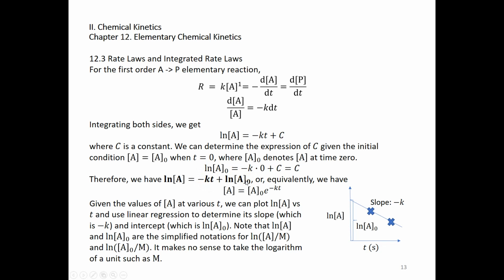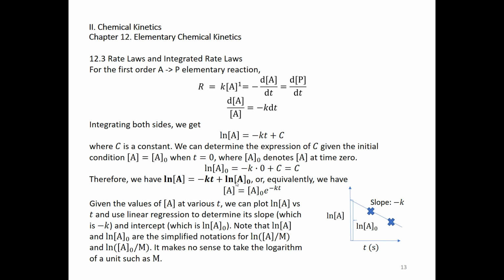So this is one way to determine the reaction rate constant k. Just plot ln A versus t, you get a linear equation. The slope is negative k.